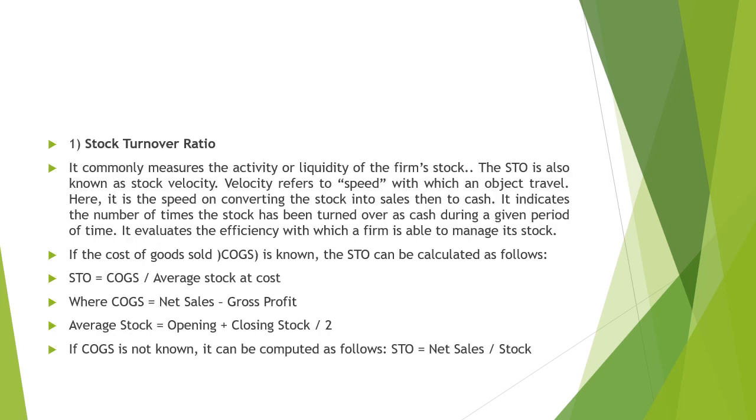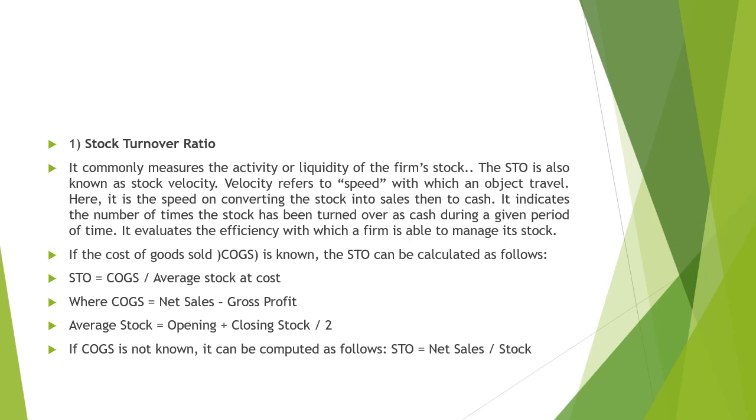So the stock turnover ratio, this is the example that I gave you now. The finished goods you have in the godown, but how much time will it take to get converted into cash? It commonly measures the activity or liquidity of the firm's stock. The stock turnover ratio is also known as stock velocity.